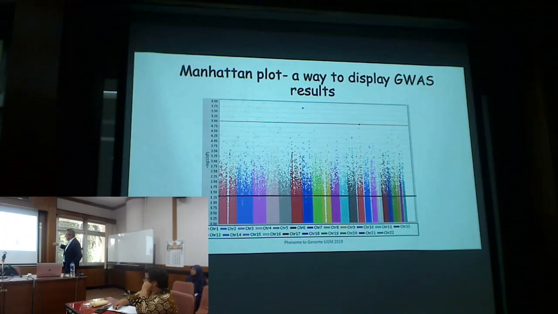For you to understand this, this is human data. So in every block here, the different colors are different chromosomes. The dots represent the frequency of nucleotide polymorphisms in the genome, in the population, in that matrix, okay? And the association between that marker and the phenotype.